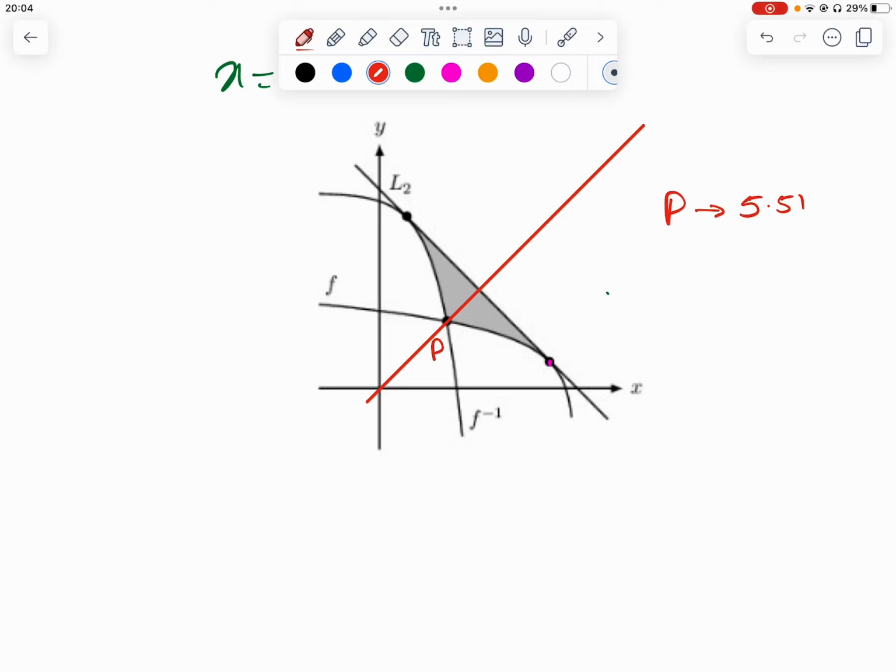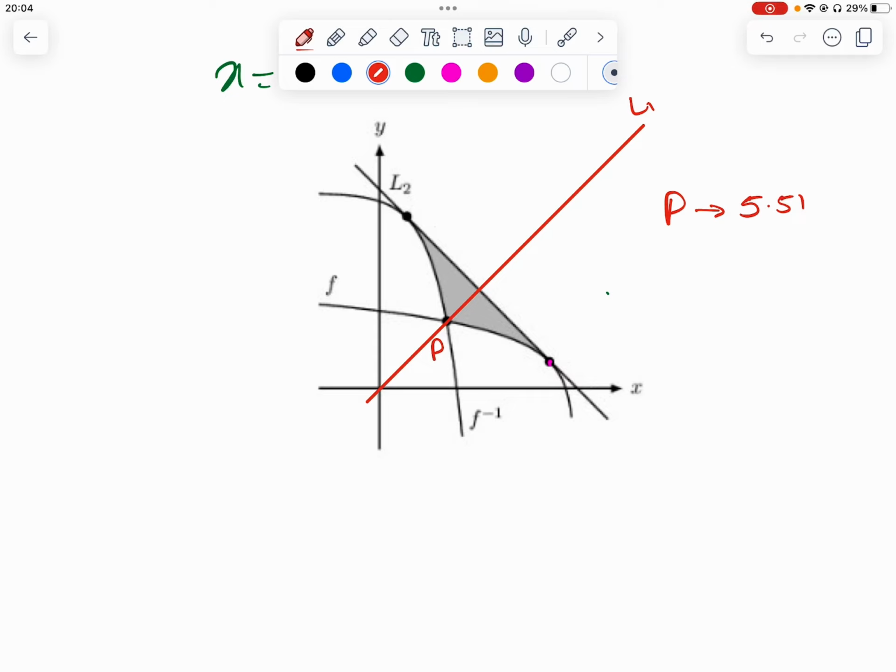Then L2 is perpendicular to L1 and the tangent to the graph of f at Q. What was the exact coordinate of Q?